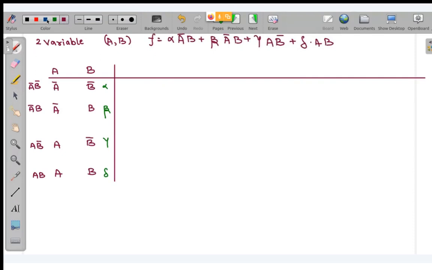So how will it be? It will be 0, 0. Quickly fill this table.